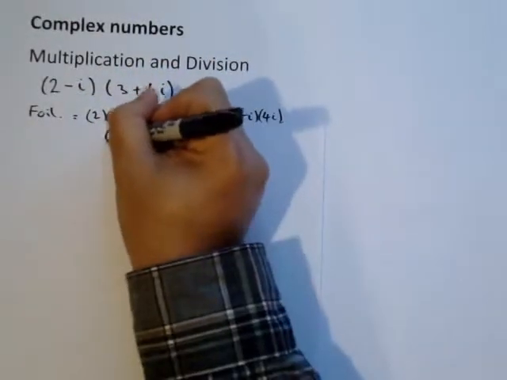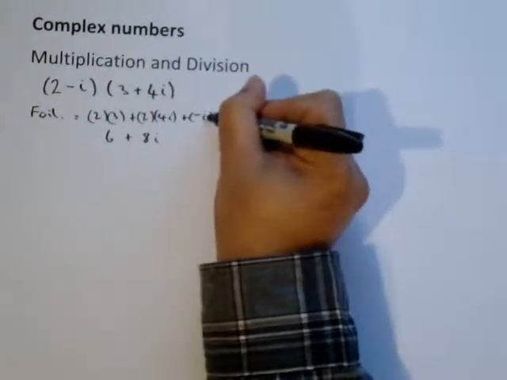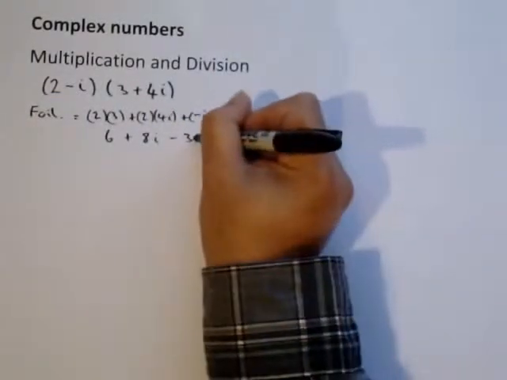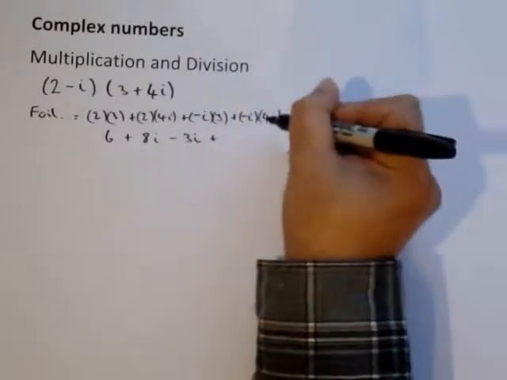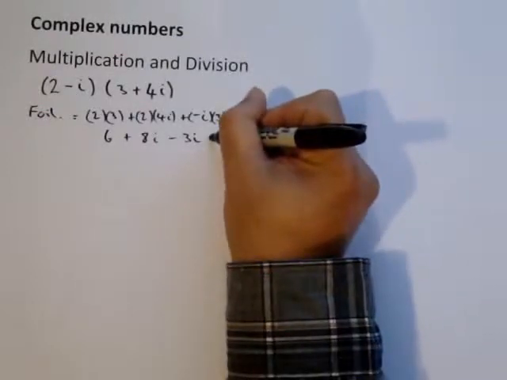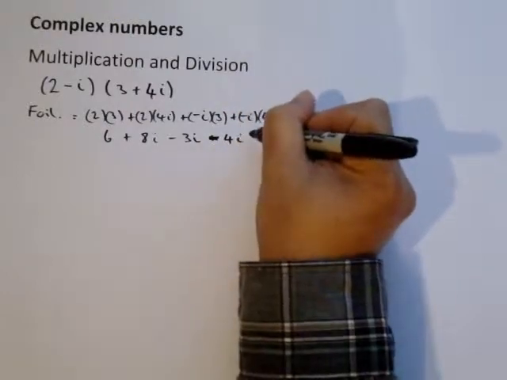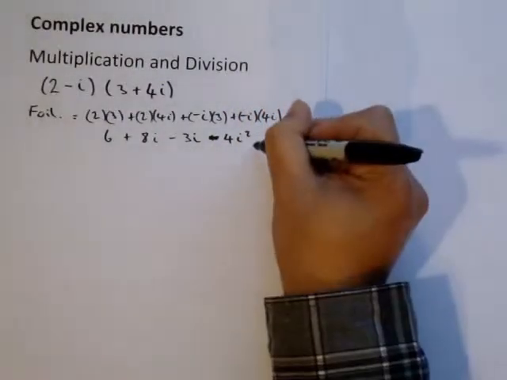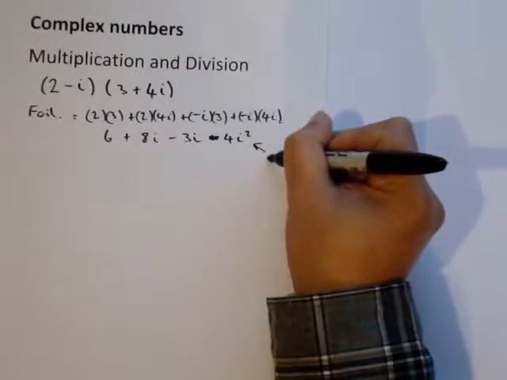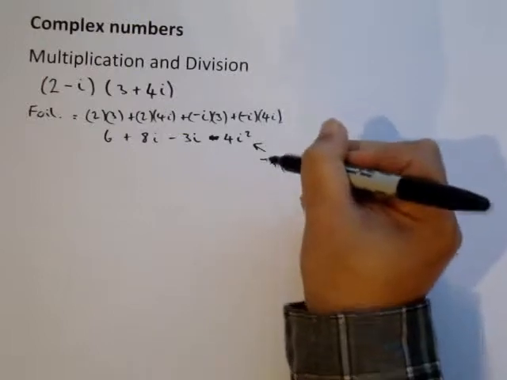This then gives us 6 plus 8i, then minus i times 3 is minus 3i, and then plus minus i times 4i is minus 4i squared. Now we have to remember that this i squared is minus 1, so this becomes minus 4 times minus 1, which is plus 4.